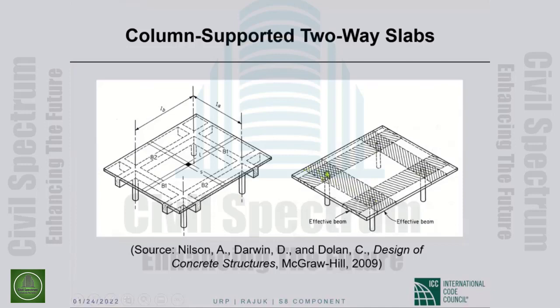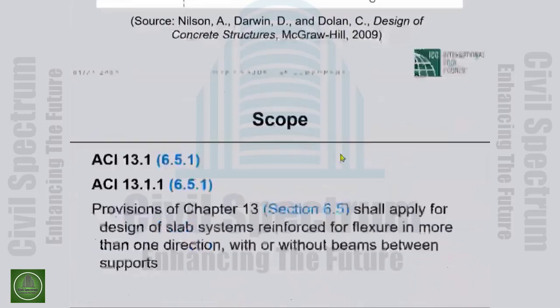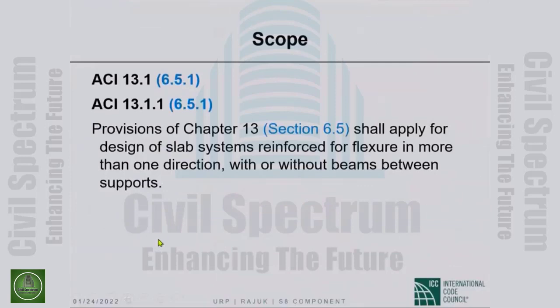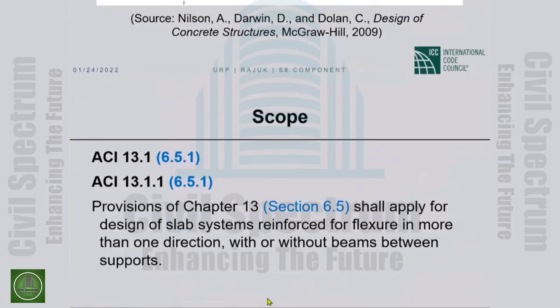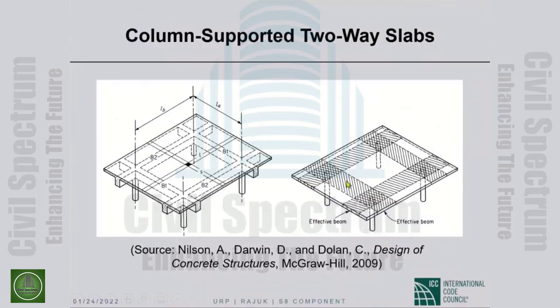So half a column strip from the right panel and half a column strip from the left panel will give us a full column strip along the column line. So we have middle strip and column strips. Okay? Those column strips are nothing but beams of the same thickness as the slab that are concealed.